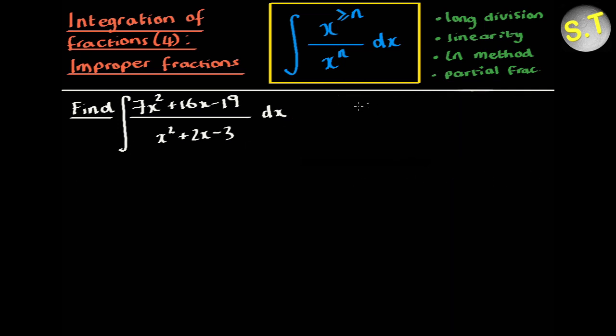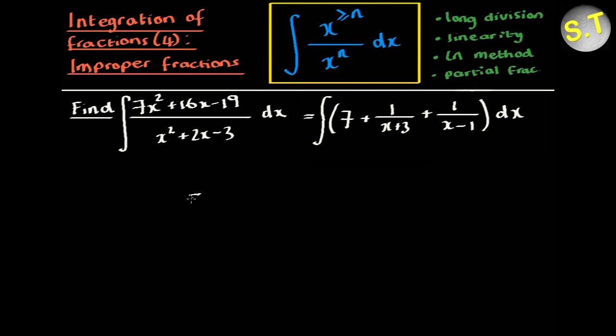So now we know that this integral, if we reintroduce the integral, is equal to the integral of 7 plus 1 over x plus 3 plus 1 over x minus 1, because those were our a and b values that we found using partial fractions. And now finally we can integrate this directly.